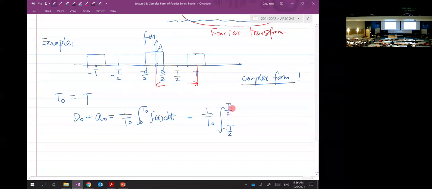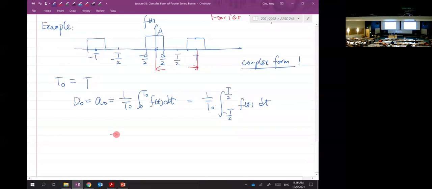The value of this result should be the same. Technically, if I go from negative T over 2 to positive T over 2, f of t exists only between negative d over 2 to d over 2. So you can just integrate d over 2 to d over 2, where f of t's value is A, dt.